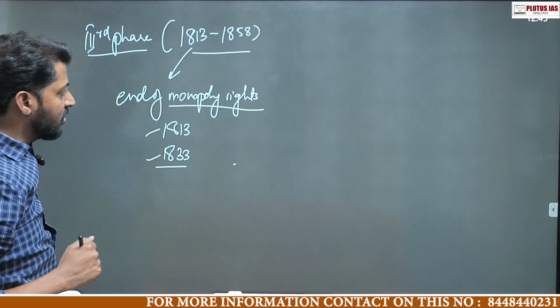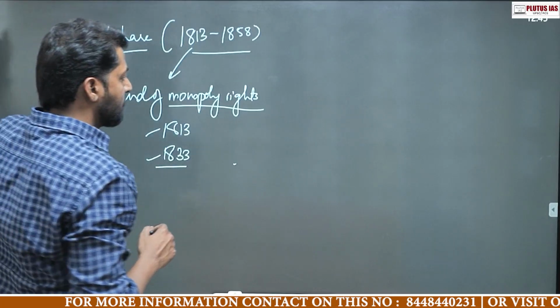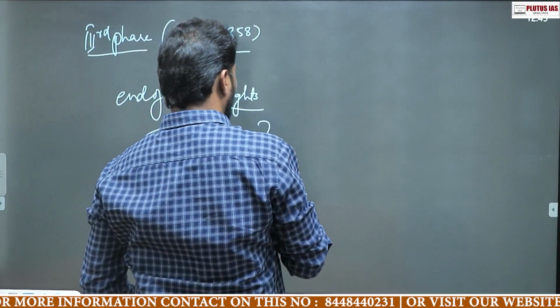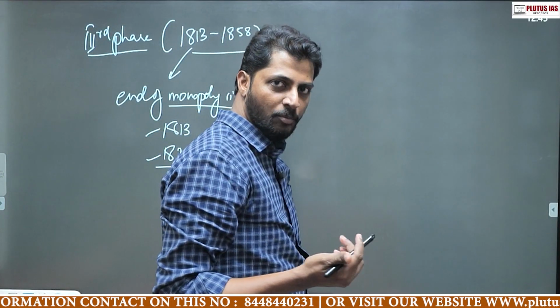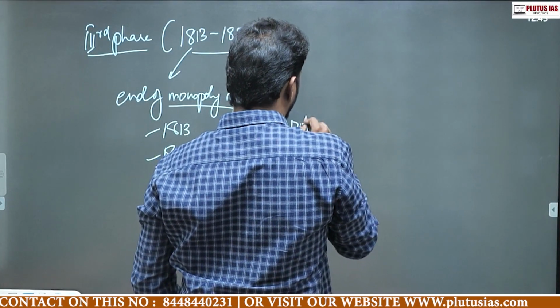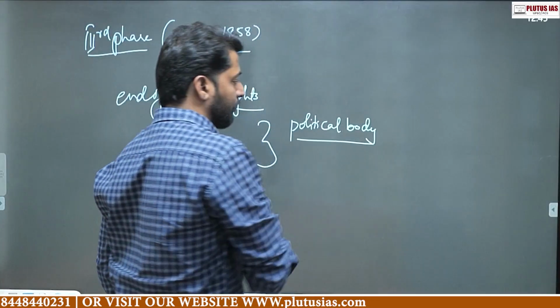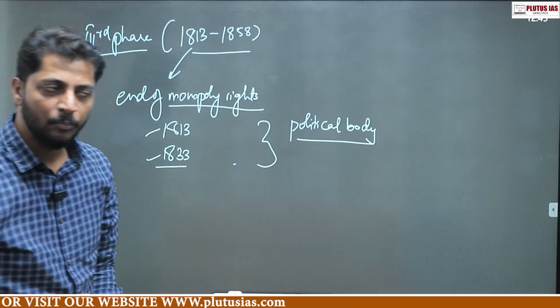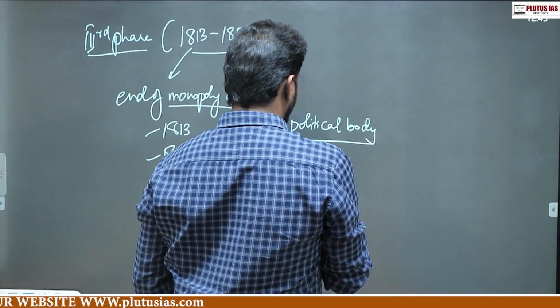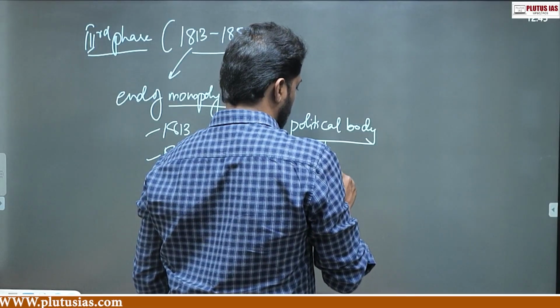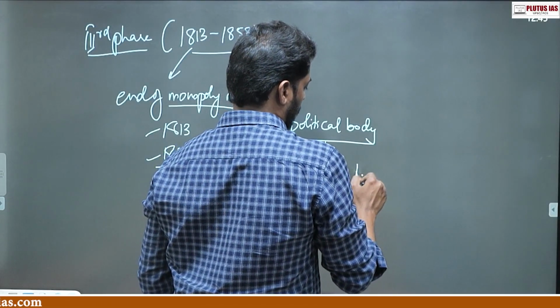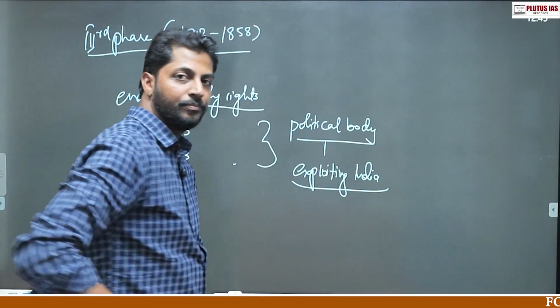So what happened in this phase? In this phase, the company is no longer a commercial body, it became purely a political body. So as a political body, it started exploiting India.